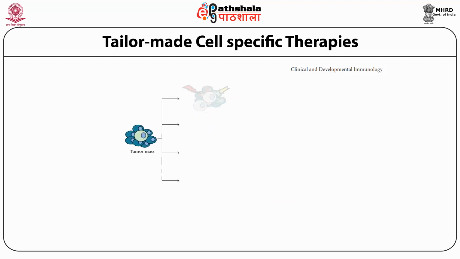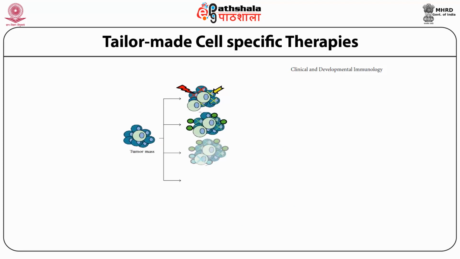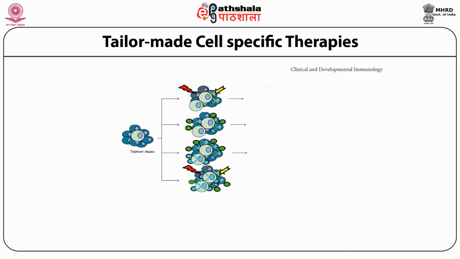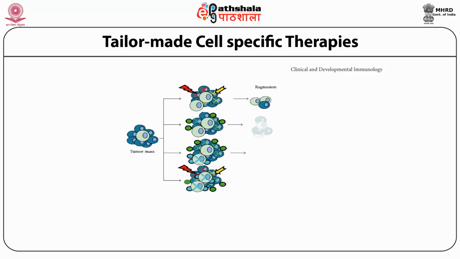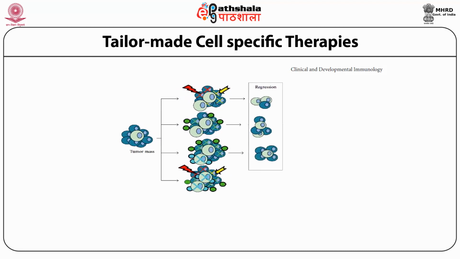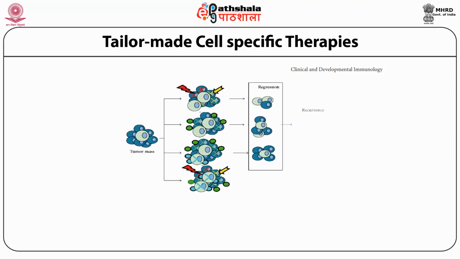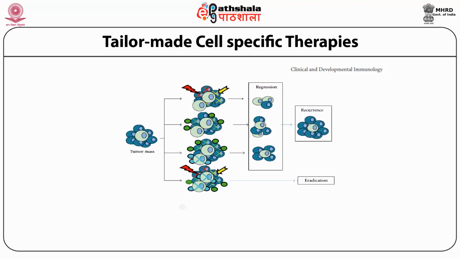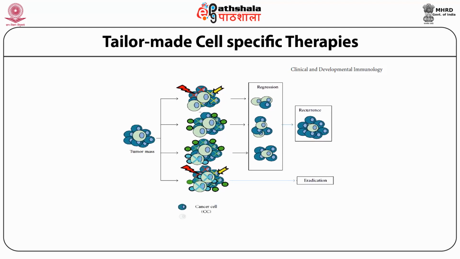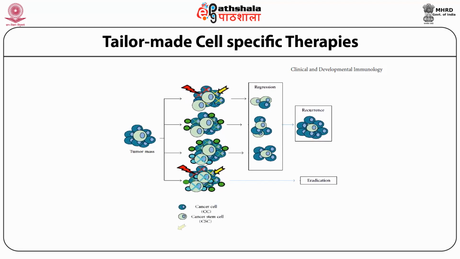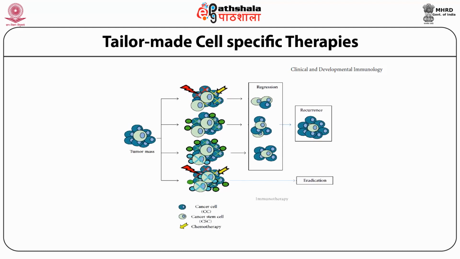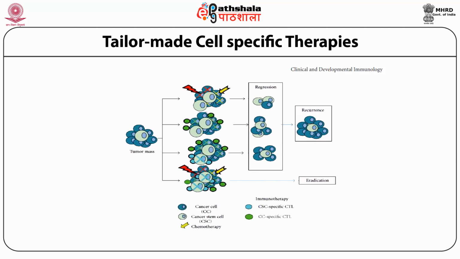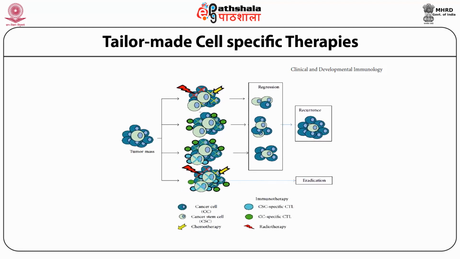So many kinds of cells are present in them. Now we have to generate cellular therapy against particular cancer stem cells, cancer-specific cells, or tumor-infiltrating cells. These therapies will be specific, and tailor-made therapies can be generated, and this will ensure that recurrence of the tumor mass or cancer is prevented by the cell-specific therapies.